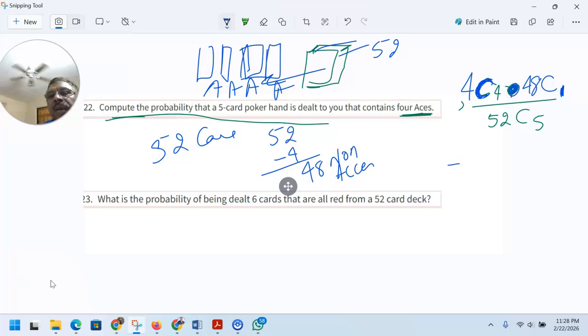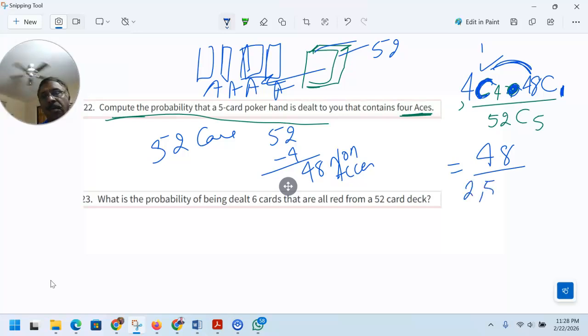If you calculate this, the first one is already one, but it could be different. You put this on the calculator and you get 48, and for the bottom piece, 52C5, you get 2,598,960.